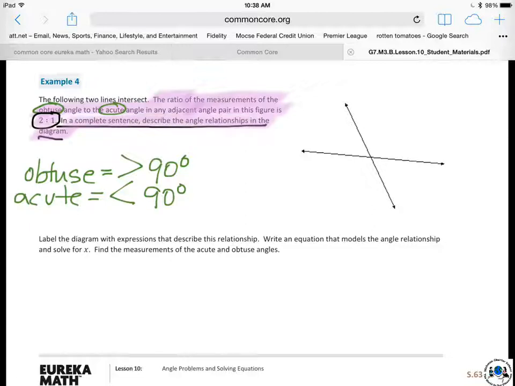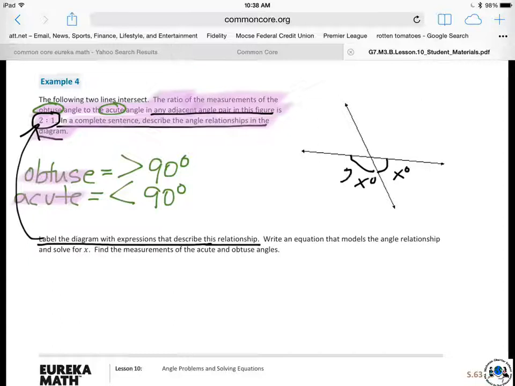So knowing all that we know up here, we talked about obtuse, acute, and the fact that these adjacent angle pairs are 2 to 1. Here's one pair. We could just deal with this pair here. These are a pair of adjacent angles. Right here it tells you to label the diagram with the expressions that describe this relationship, and this relationship is this 2-to-1 relationship. I could just start you off here. The unknown is x. What could I put in front of these that would describe this relationship?